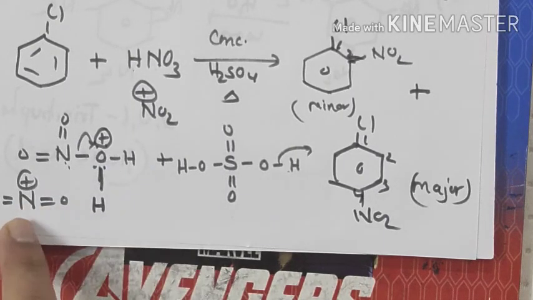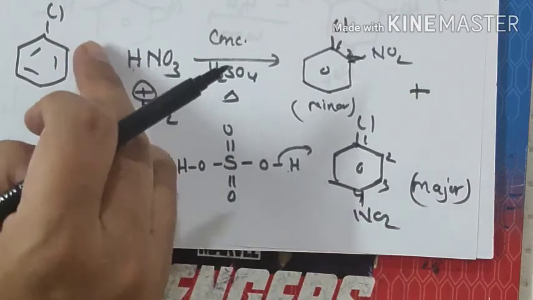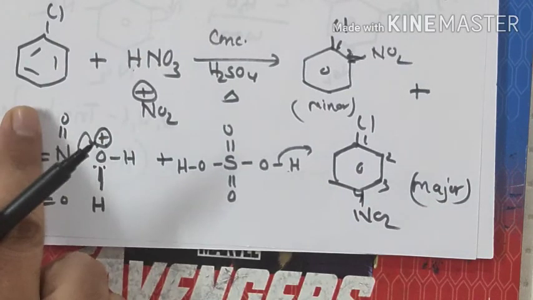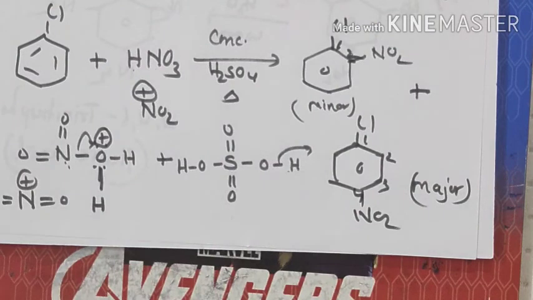This is called the nitro group. So what is formed, student? Here is the formation of the electrophile, and this electrophile is obviously going to attack either at the ortho position or at the para position. So we get this compound. So it's very important to understand how this electrophile is generated.